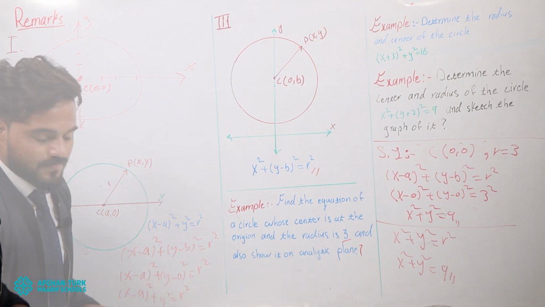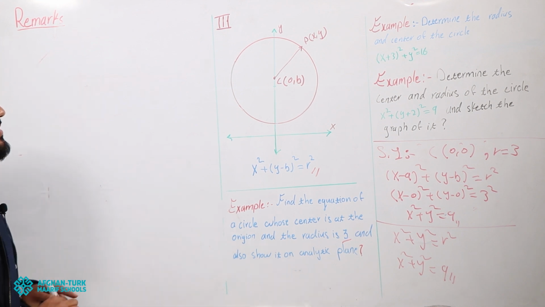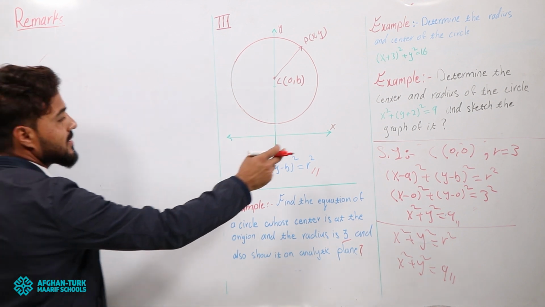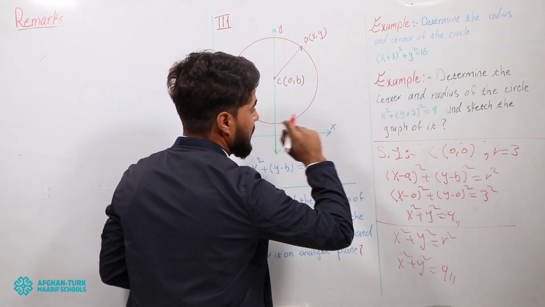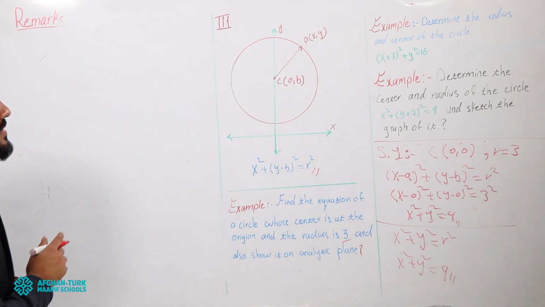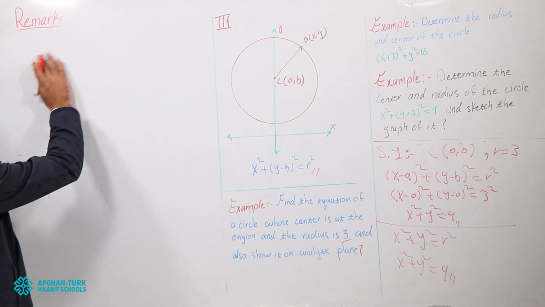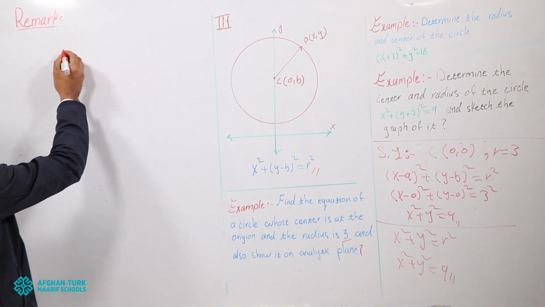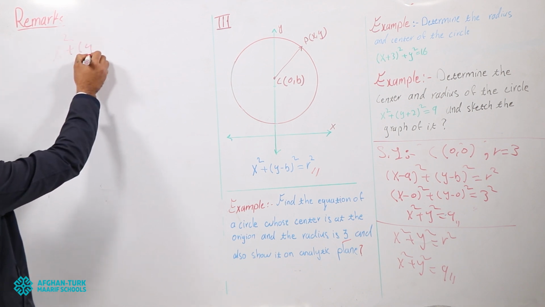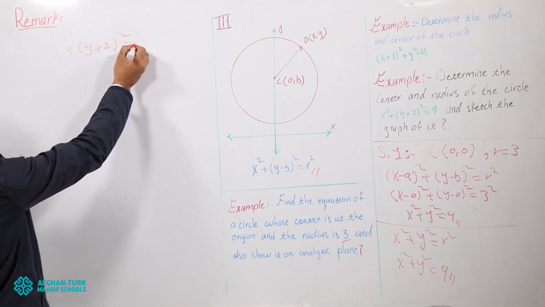Second example, determine the center and the radius of the circle, this, and sketch the graph of it. So in here we have the equation of the circle, which is x squared plus (y plus 2) squared is equal to 9.